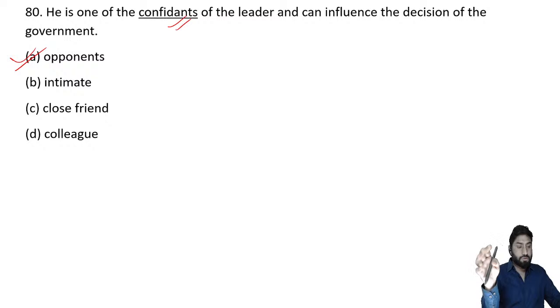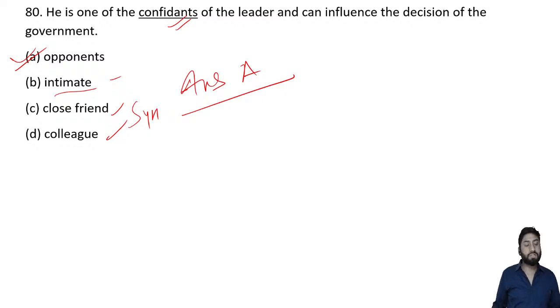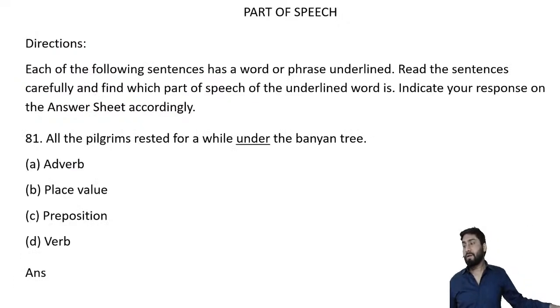That's what the goes. So the answer is A. That's how it goes. अब close friend है someone, colleague है someone, तो synonyms हो गए, right? Intimate again, right? Intimacy with somebody, so that has no relation with this. So अगर हम antonymous relation की बात करें तो opponent has the antonymous relation. Confidants, opponents. Now let's move to the next.